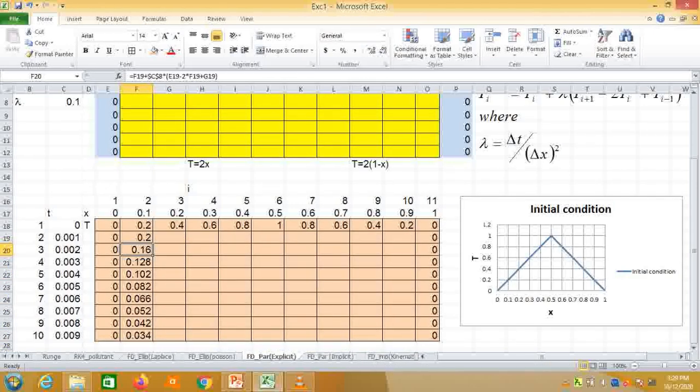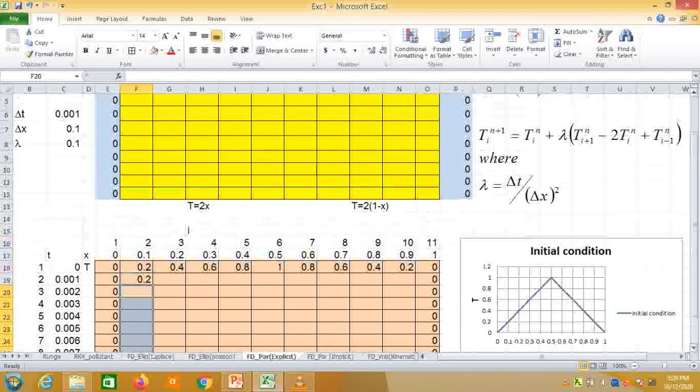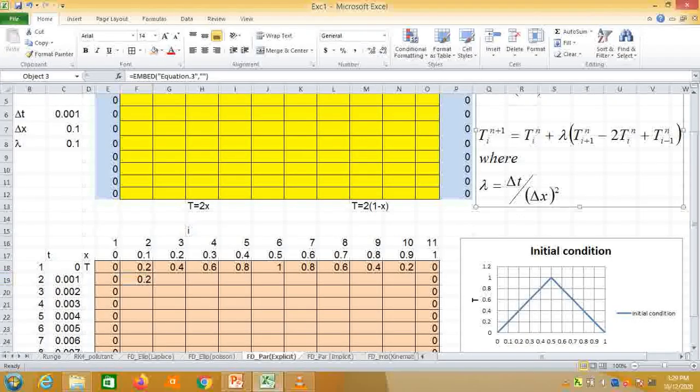So let's solve for the first node here. Essentially, for this node, i is 2 and n is 2. Now, using this set of equations provided here, remember, we're going to find for the n plus 1 time.